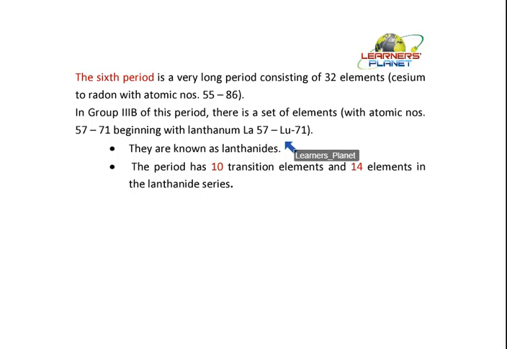So the period has 8 normal elements, 10 transition elements, and within the transition series there are 14 lanthanide elements. So altogether there are 32 elements, and it is a very, very long period.